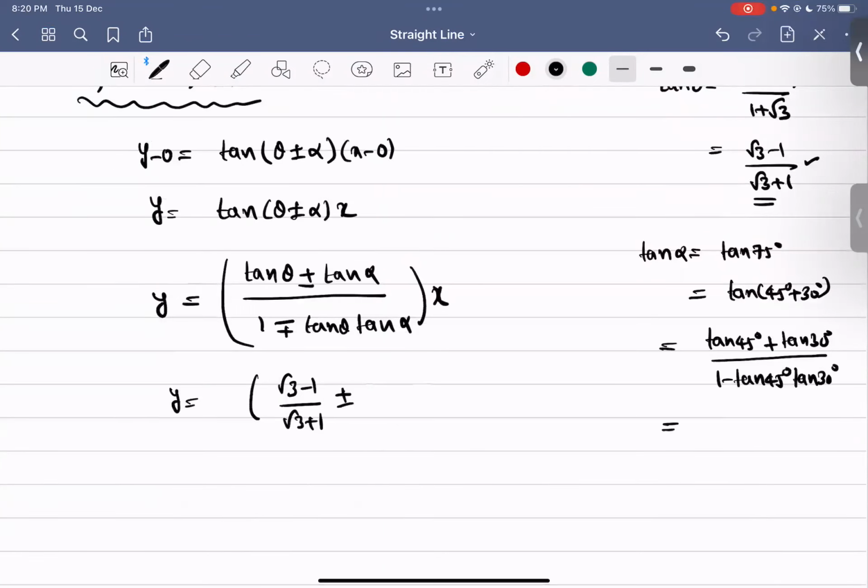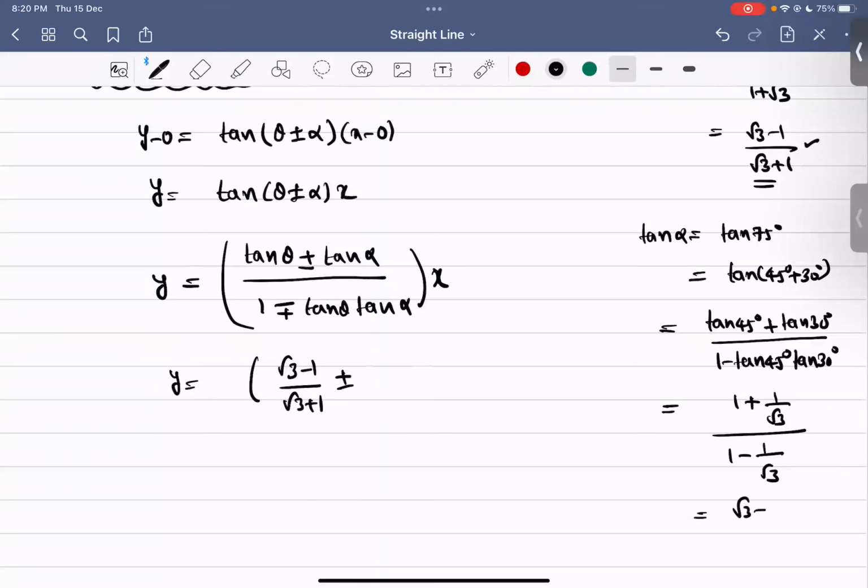So this is equal to (tan 45 is 1, tan 30 is 1 by root 3) (1 plus 1 by root 3) by (1 minus 1 by root 3). Therefore (root 3 plus 1) by (root 3 minus 1). This is the tan alpha value.